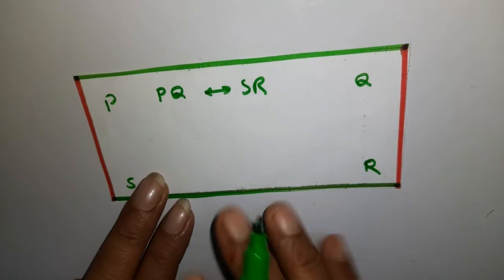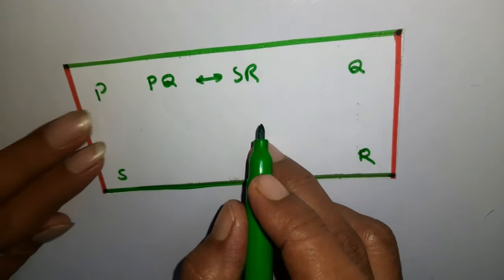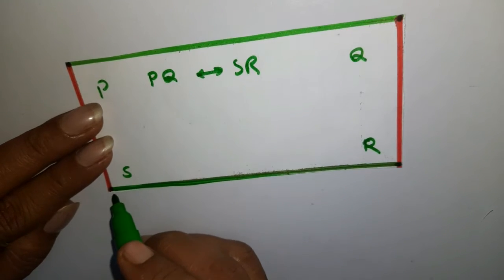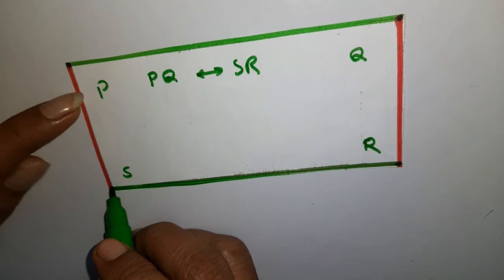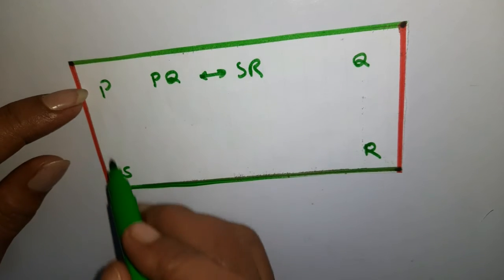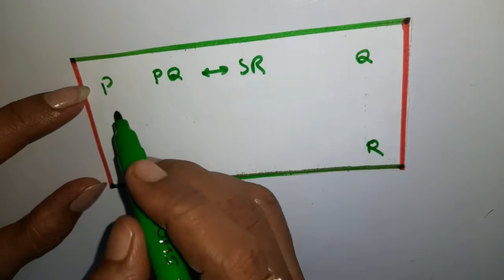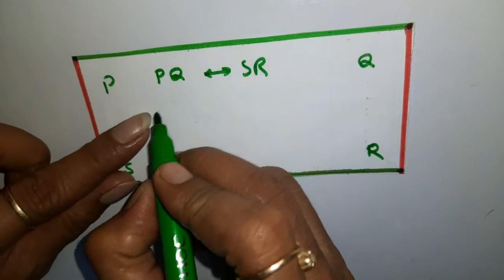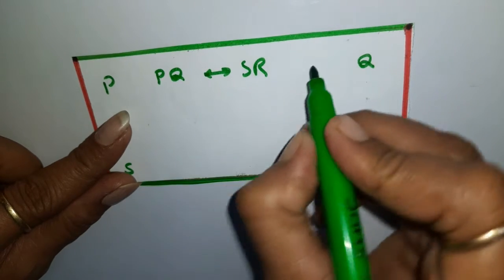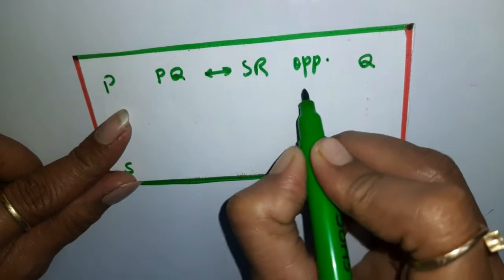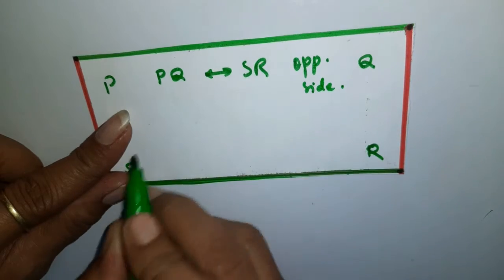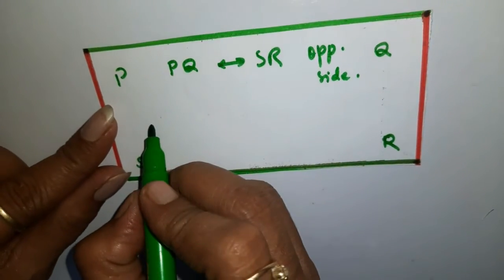Now let's talk about opposite angles. Which one is the opposite angle? See, if we talk about angles over here, you can see the angle here is PSR, or if you take this angle SPQ. The opposite sides we have already discussed, so we'll not give any more time to this.